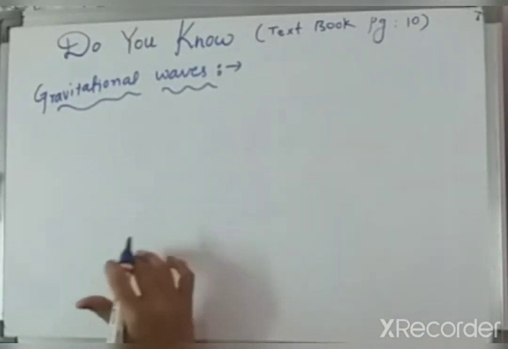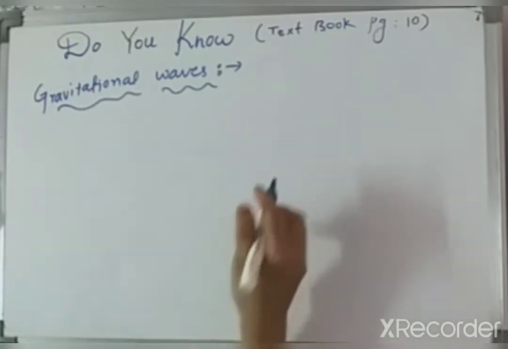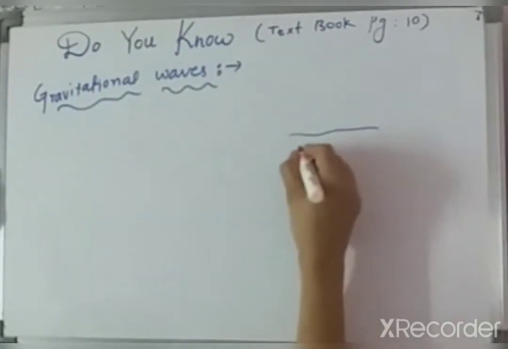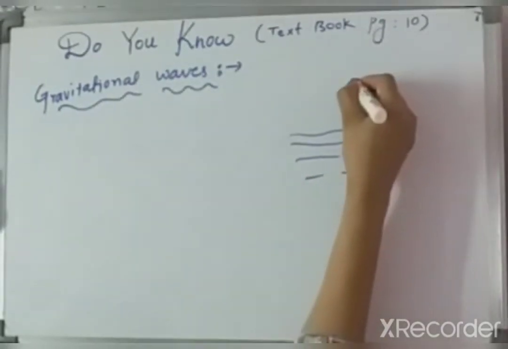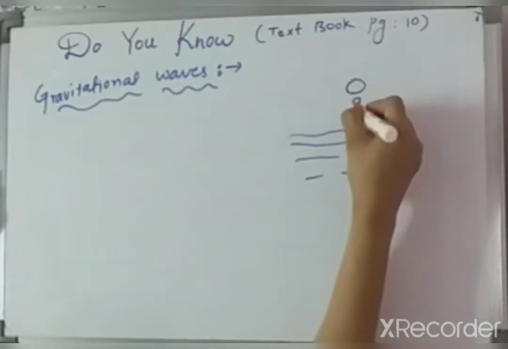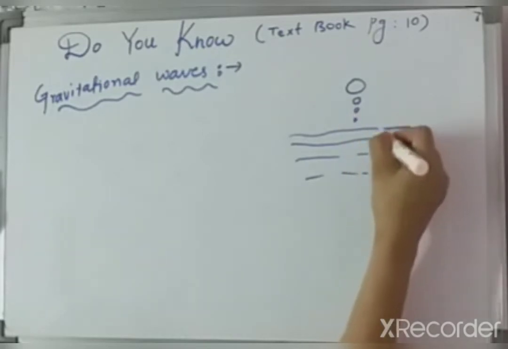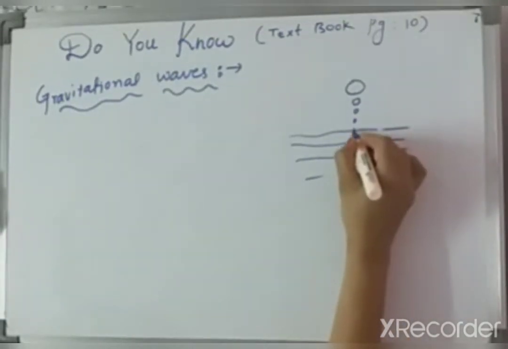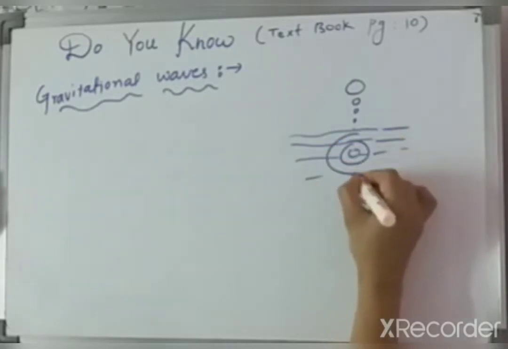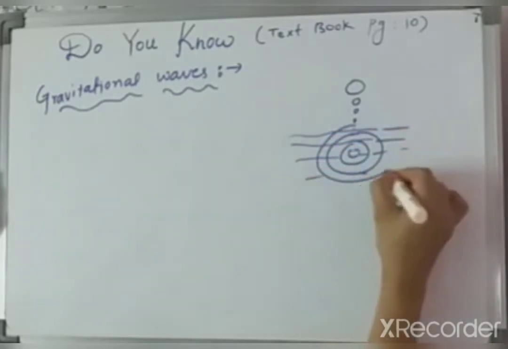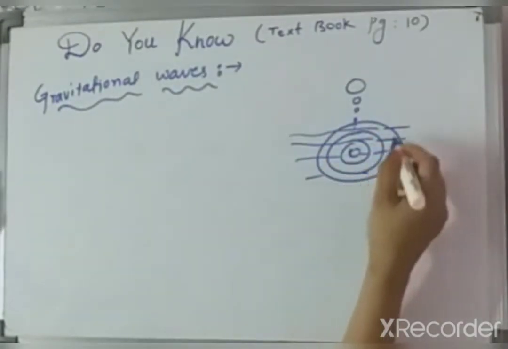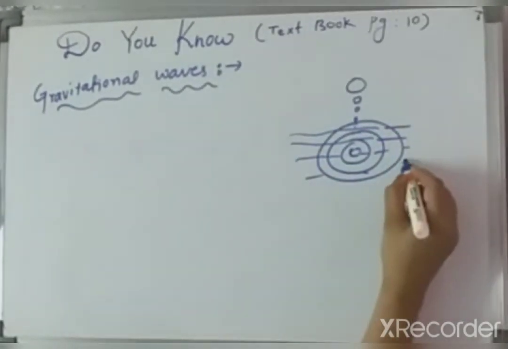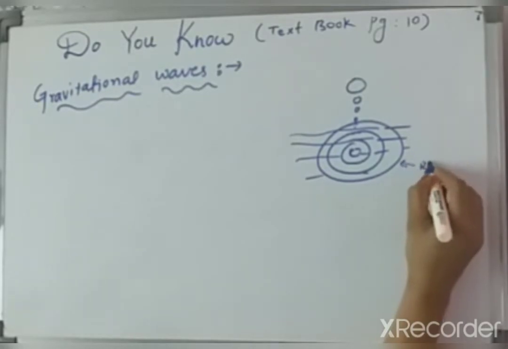So waves are created on the surface of water. Suppose you consider this is the water surface, right? Water is a liquid matter, and if you drop a stone on this surface of water, you will see that due to the dropping of the stone, the water surface will get disturbed, and small concentric circles appear on it, and this is nothing but the ripple.